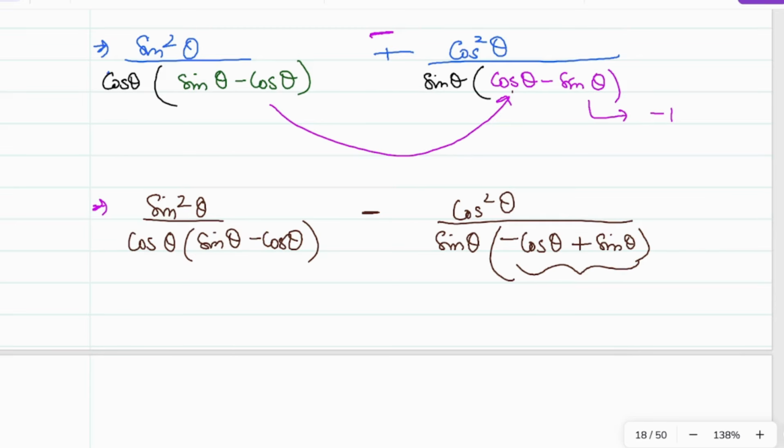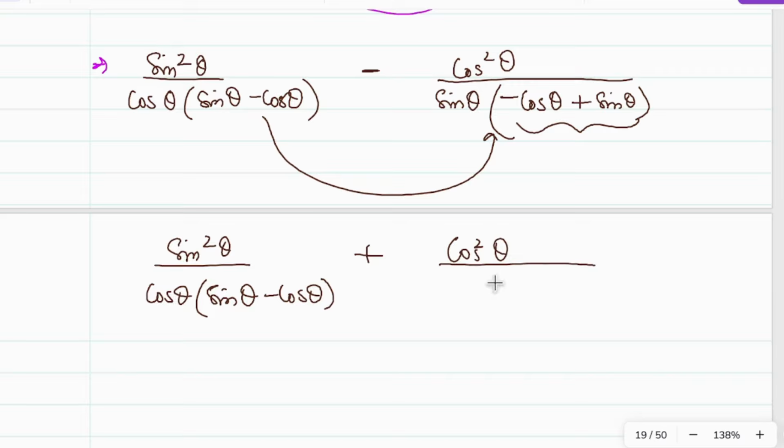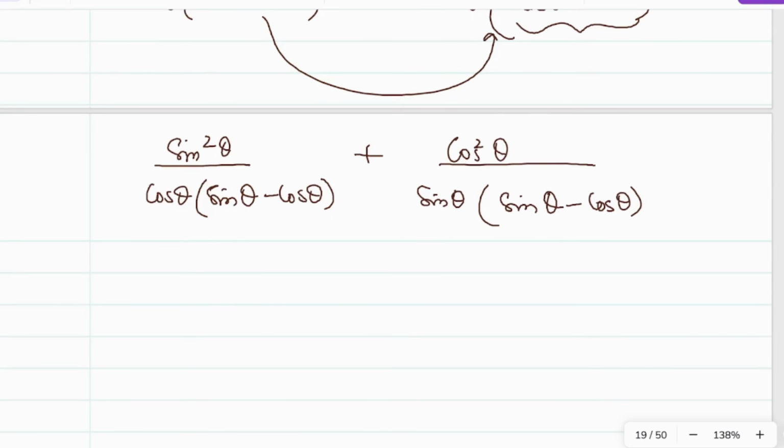In order to make it look the same as this one, I will write sin square theta divided by cos theta into sin theta minus cos theta, plus cos square theta divided by sin theta into sin theta minus cos theta, because cos theta is negative there. So that is sin theta minus cos theta.